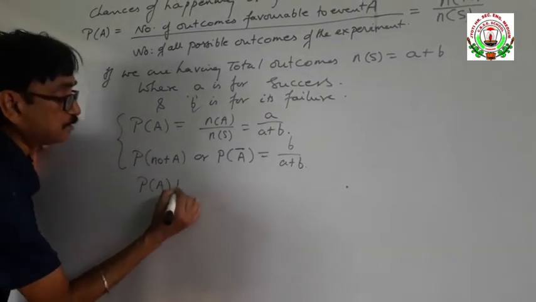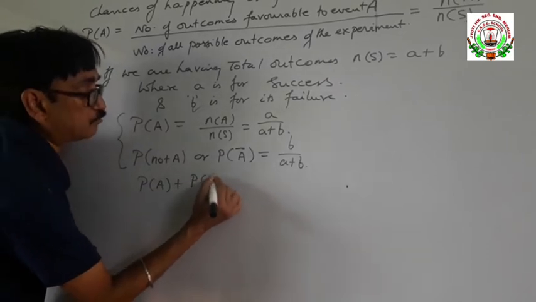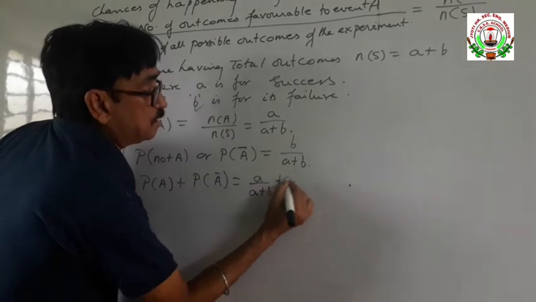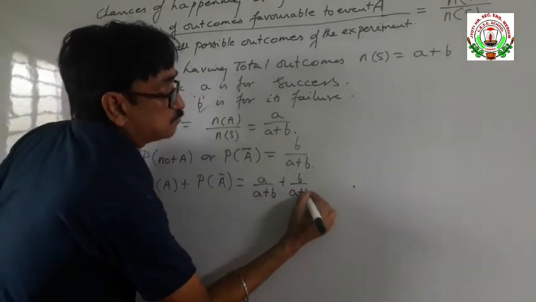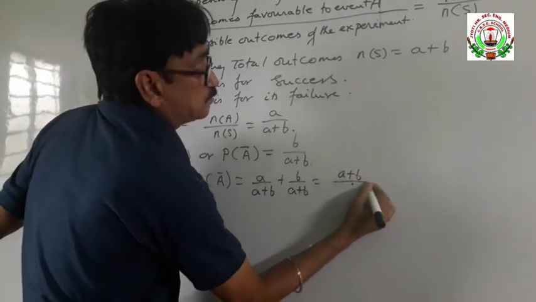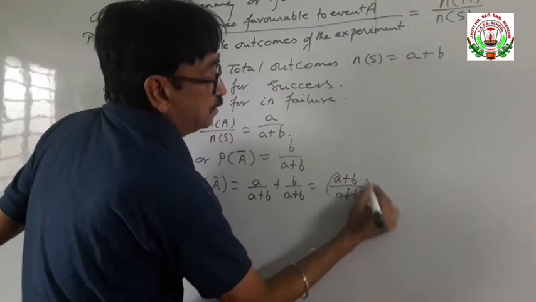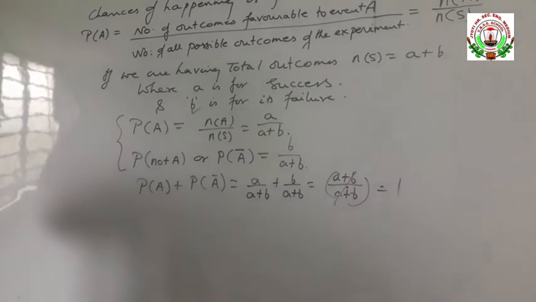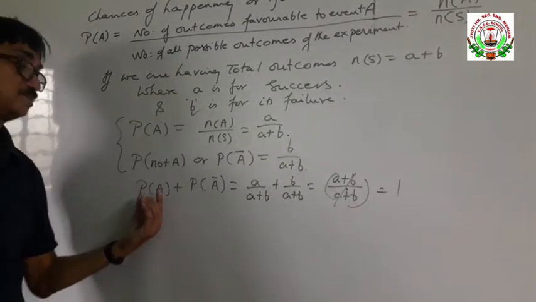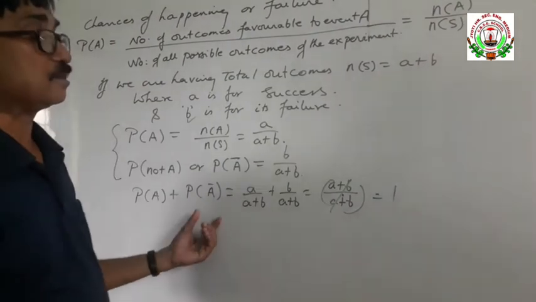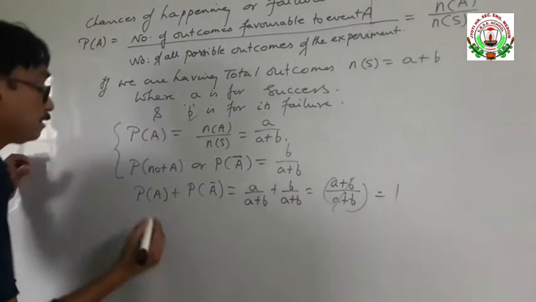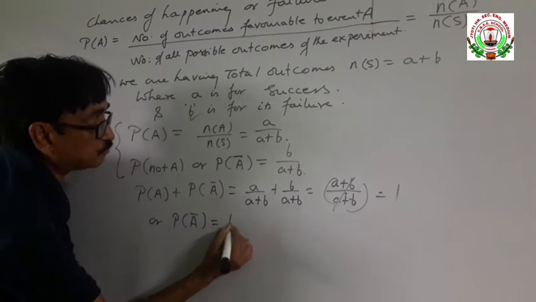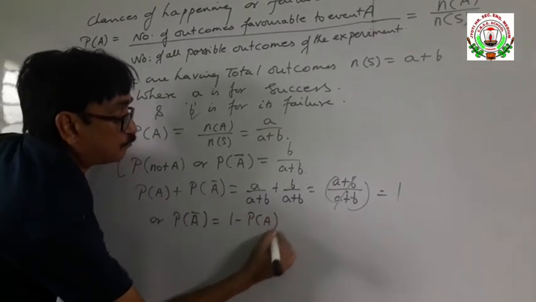P of A plus P of not A equals a upon a plus b plus b upon a plus b, equals a plus b upon a plus b, which cancels out, and we get 1. It means that the probability of success plus the probability of failure gives a result equal to 1, or we can say that the probability of not A is equal to 1 minus P of A.